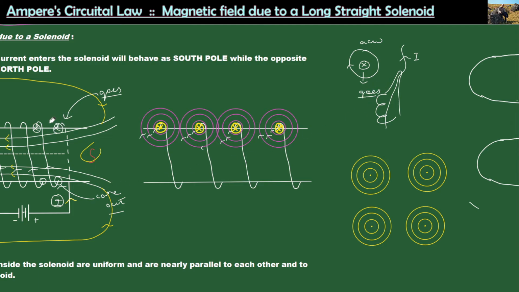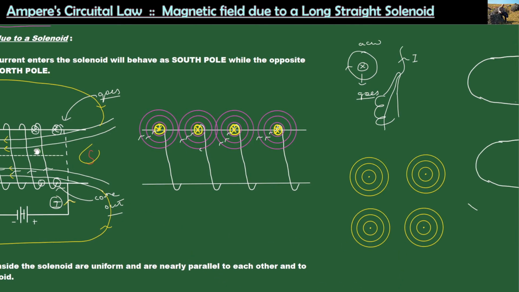So if you look from this sphere, all this magnetic field line is moving in this direction. Even from here, all the magnetic field lines are moving in this direction, from the south end to the north end, with one end of the solenoid behaving as the south pole and the other end as the north pole.